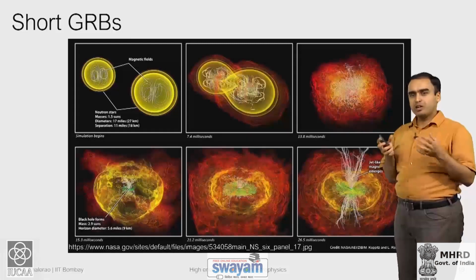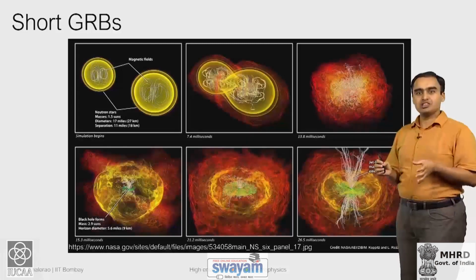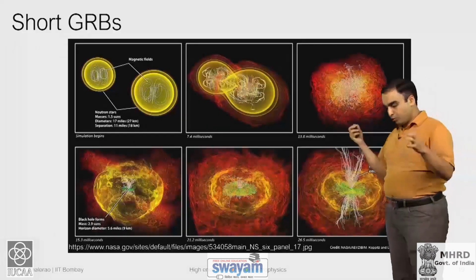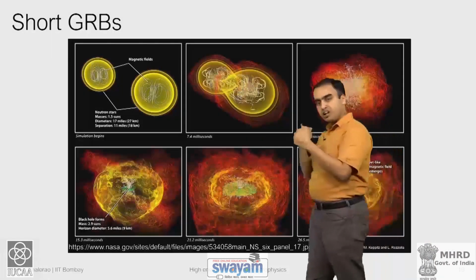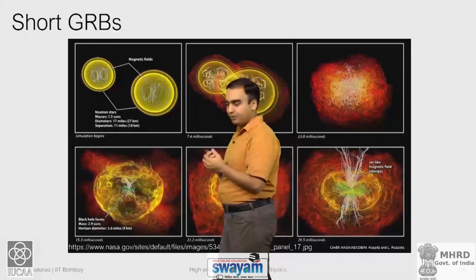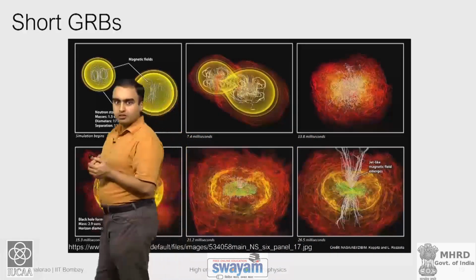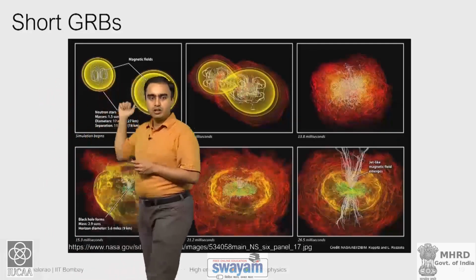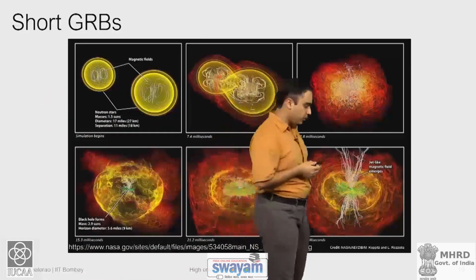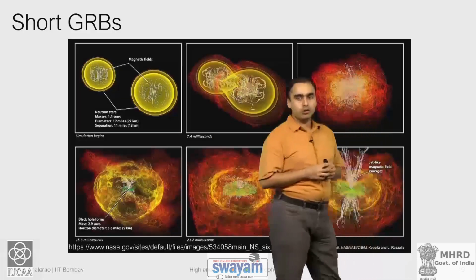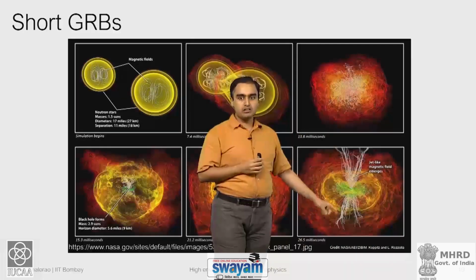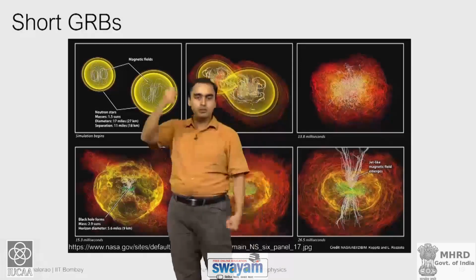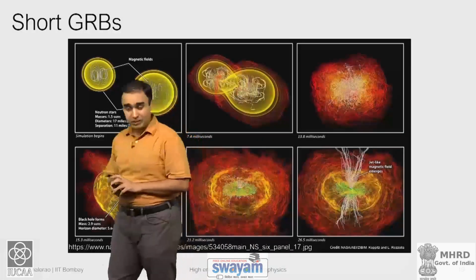This is pretty much the most complex simulation that you can undertake. The six panels show a process in which two neutron stars merge with each other. The lines you see are tracing the magnetic field of the neutron star, and finally the magnetic field configuration is such that you can end up creating two jets.